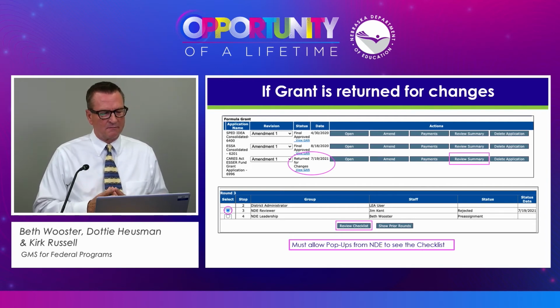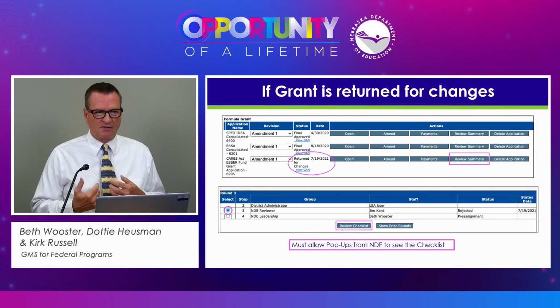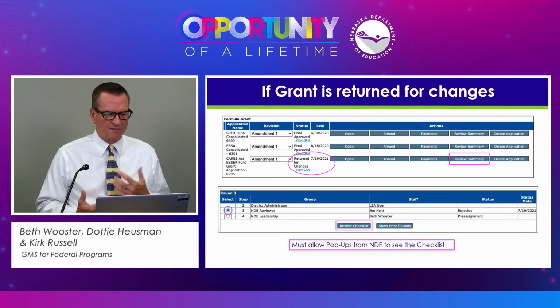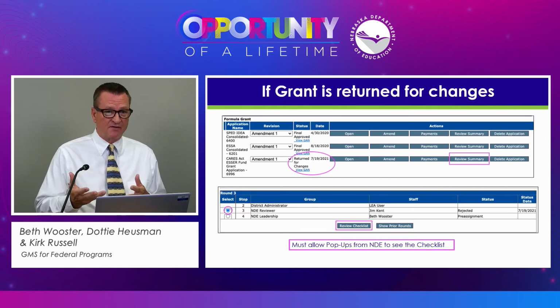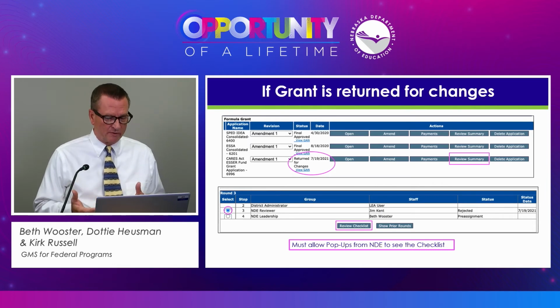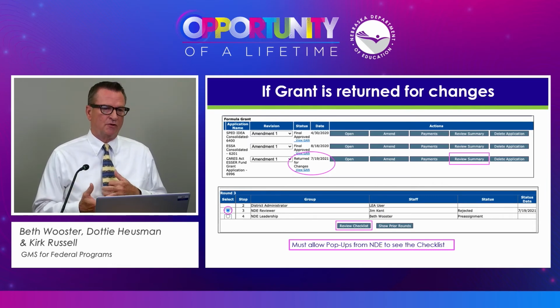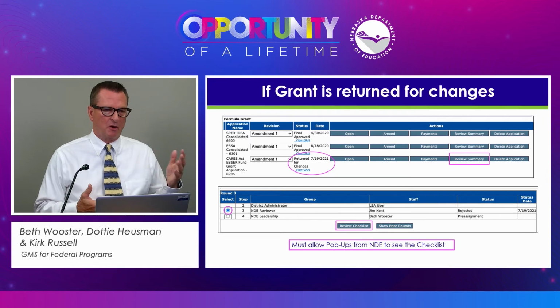And the system generates an email to us that notifies us that we have a grant in the GMS and that we should be looking at it. So we've taken a look at it, and obviously, if we're returning for a change or an edit, we are returning to you. You also should generate and get an email back.